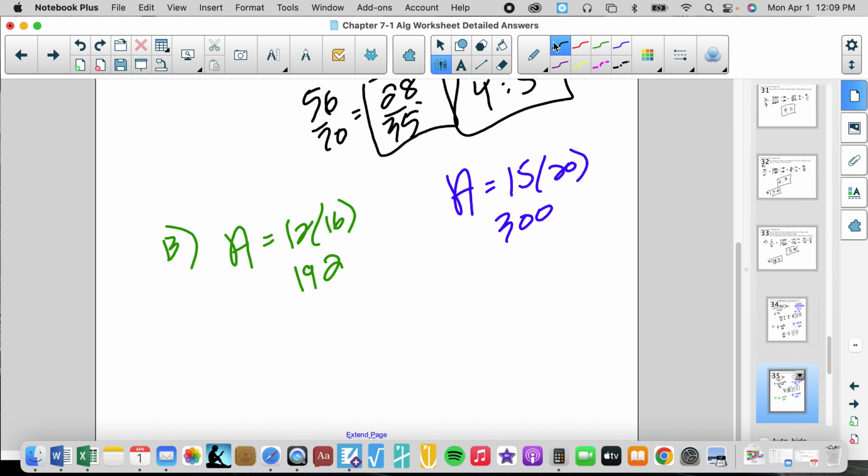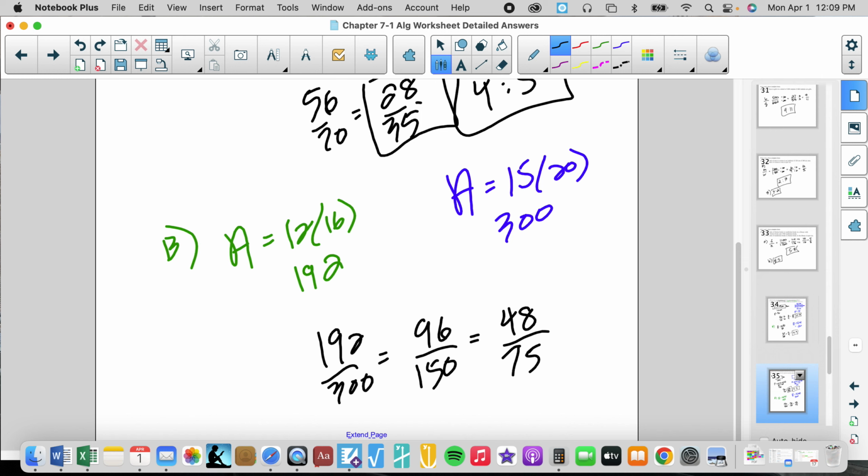So we got 192 over 300, which is 96 over 150, which is 48 over 75.